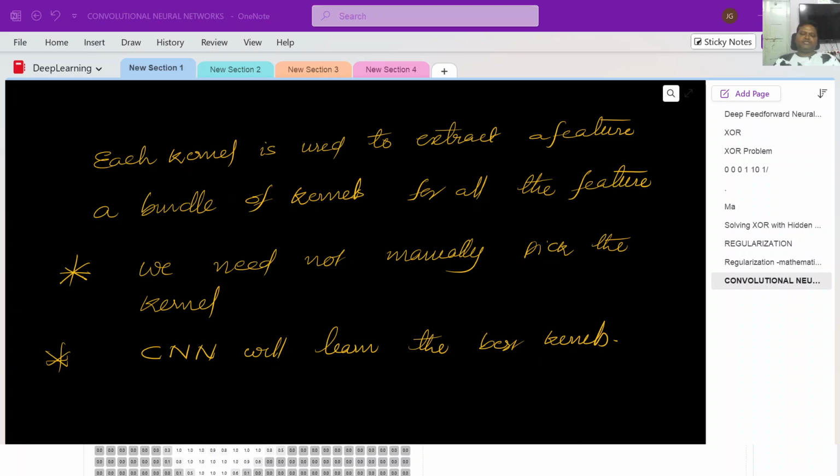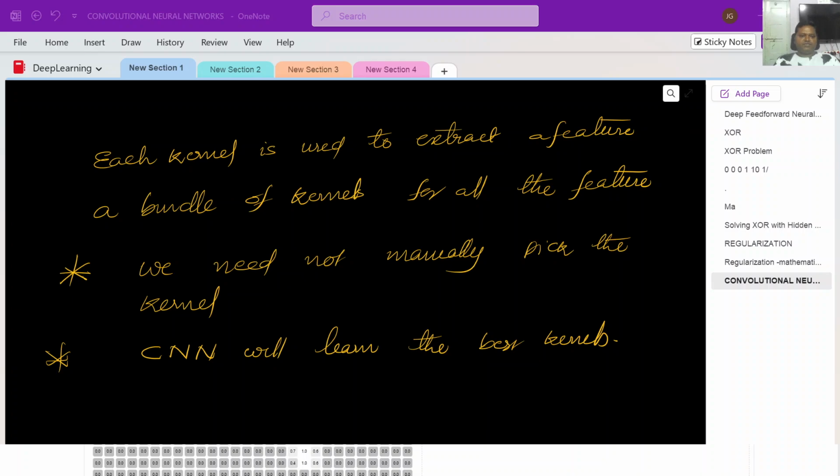This is MNIST database, a database of all the handwritten numbers from 0 to 9. Let us say I'm taking 4. So the filter is slowly moving because there is no value, all are zeros, your output is also 0.